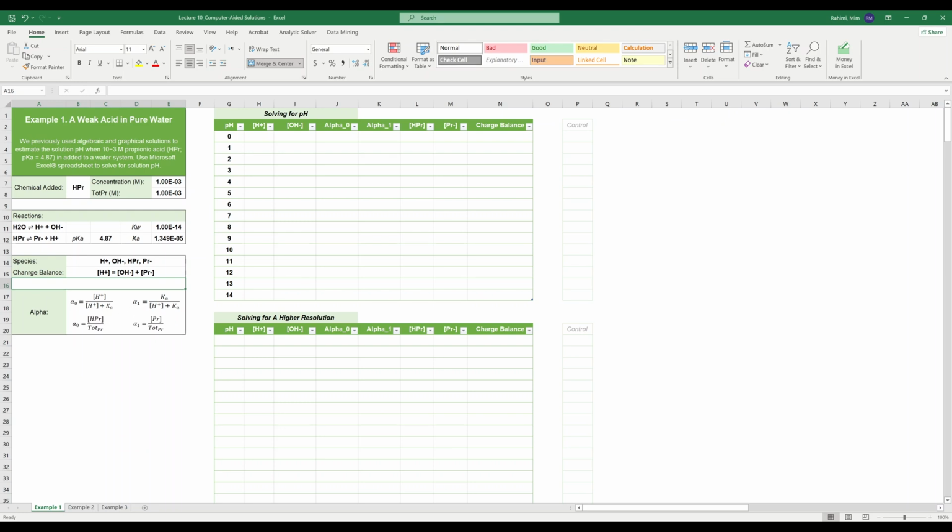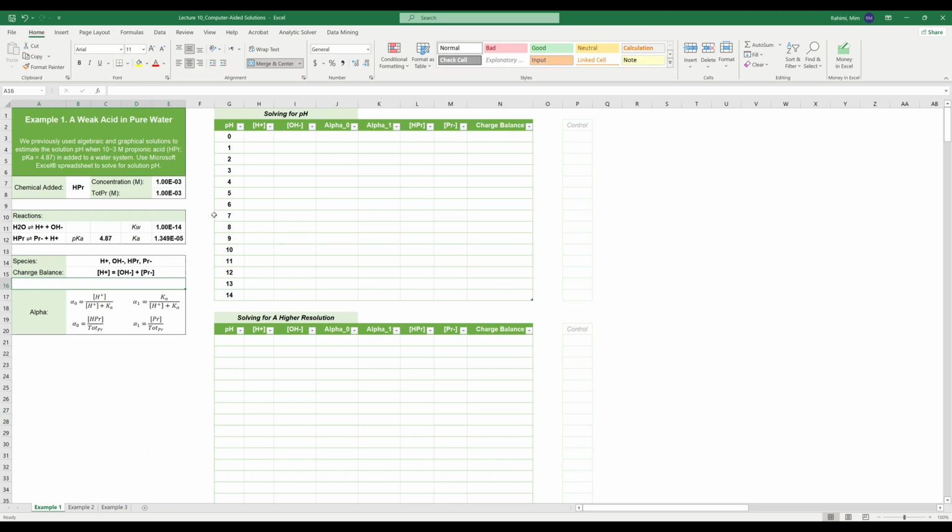And alpha 0 is basically defined as the HPR concentration, or protonated species concentration, divided by the total concentration. So basically this is a fraction of dissociation, this alpha term. And alpha 1 is obviously PR divided by the total amount of PR. And the total amount of PR is, in this case, either in the form of HPR or in the form of PR minus.